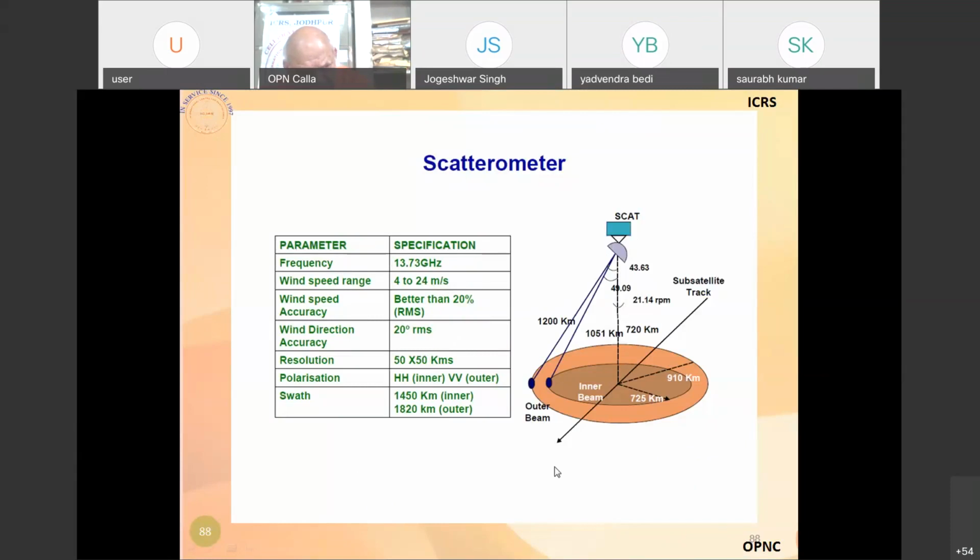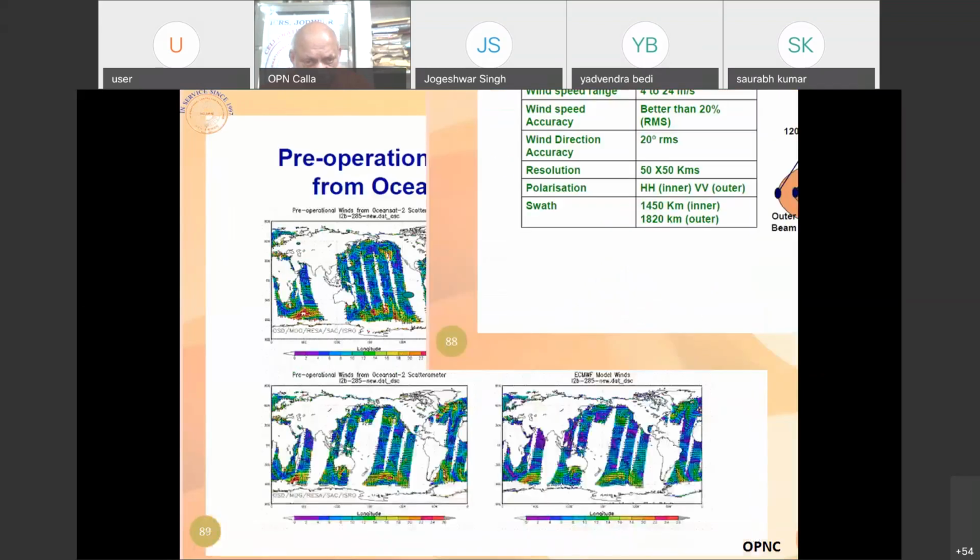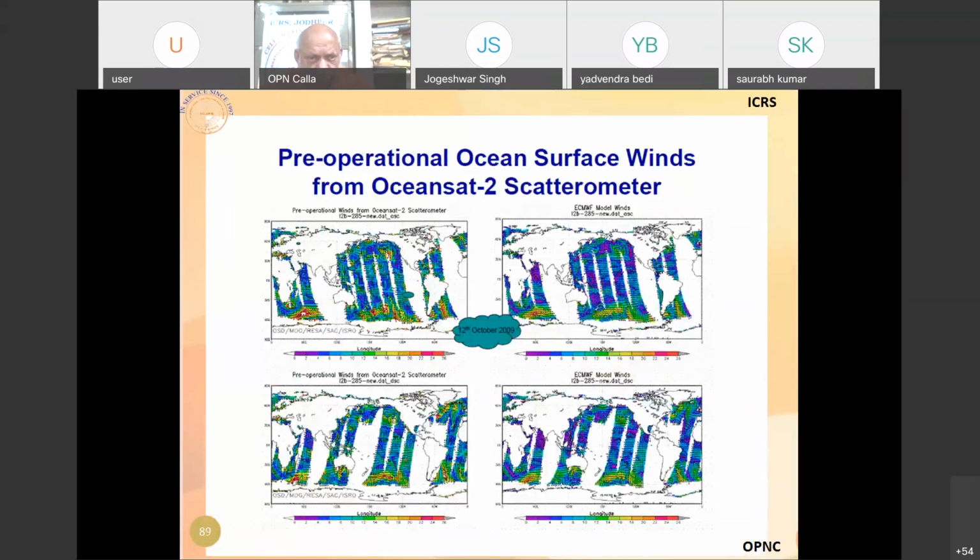So this way we use this scatterometer operating at 13 gigahertz to get the winds over the sea surface. This is the definition of the operational ocean surface winds over the sea surface by the scatterometer on 12th October 2009. This is how we generate winds over the sea surface.